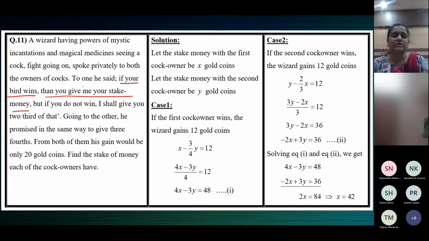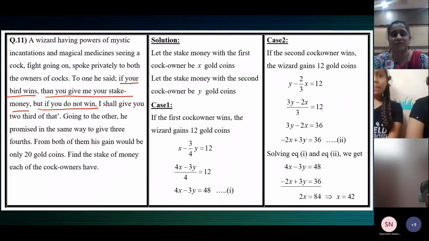You will wonder, when the cock wins, why should he give away the stake money to the wizard? Because if the cock loses, he still goes home with some money. If the wizard was not in the scene and he loses, he has to go home empty-handed. But here the wizard says, if you do not win, I shall give you 2/3 of that.